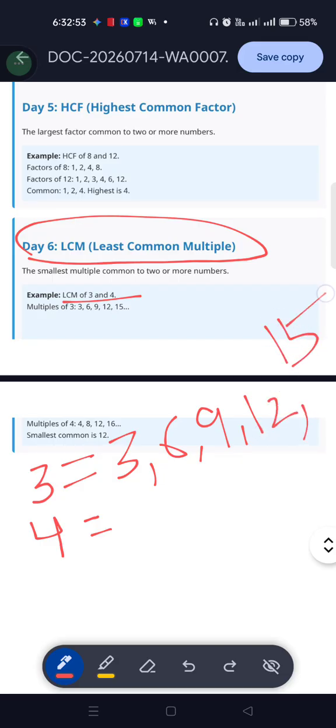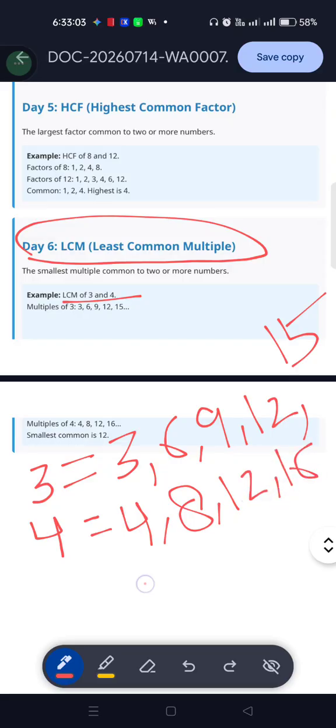Now in the same way write the table of 4: 4, 8, 12, 16, and after 16 it is 20. So now we have written the multiples of 3 and 4, and we can see here we are getting one common.